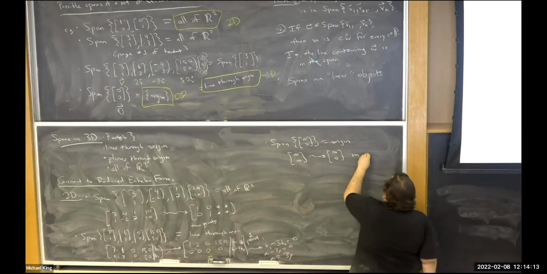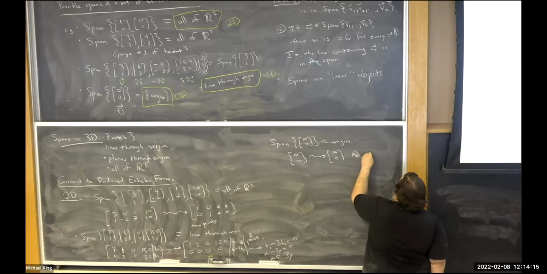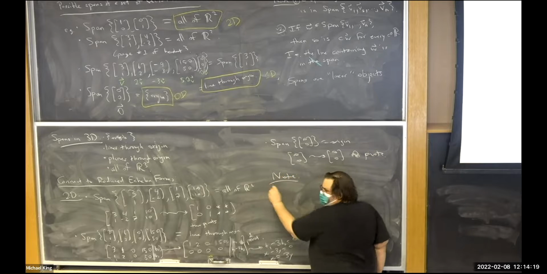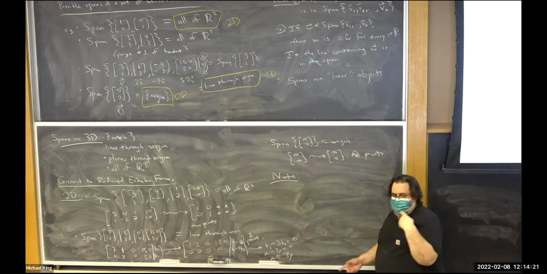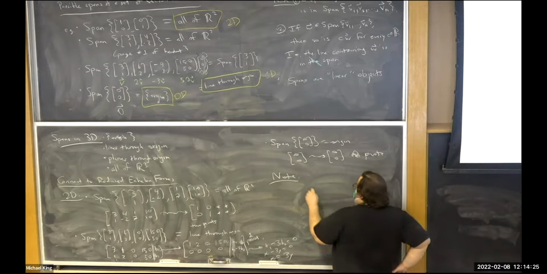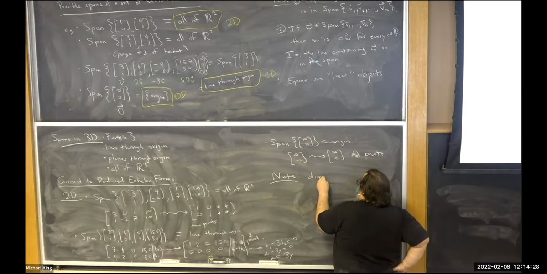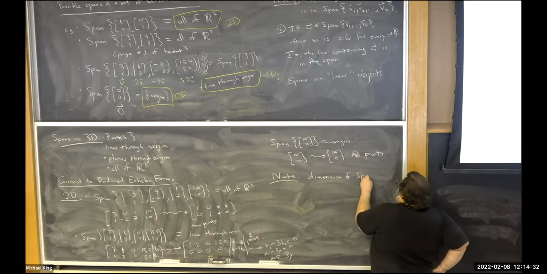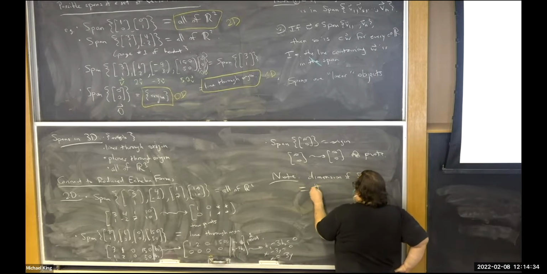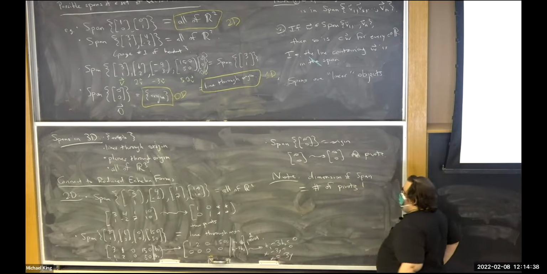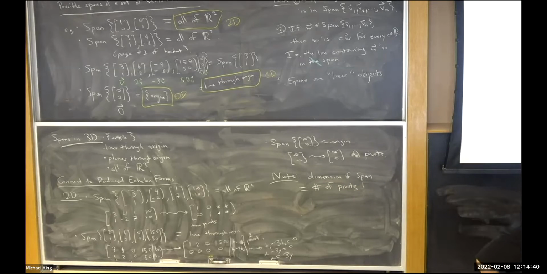No pivots, 0 pivots. So good note, Sydney noticed that the number of pivots matches the number of dimensions of the span. So the dimension of the span equals the number of pivots. And that's always going to be true.